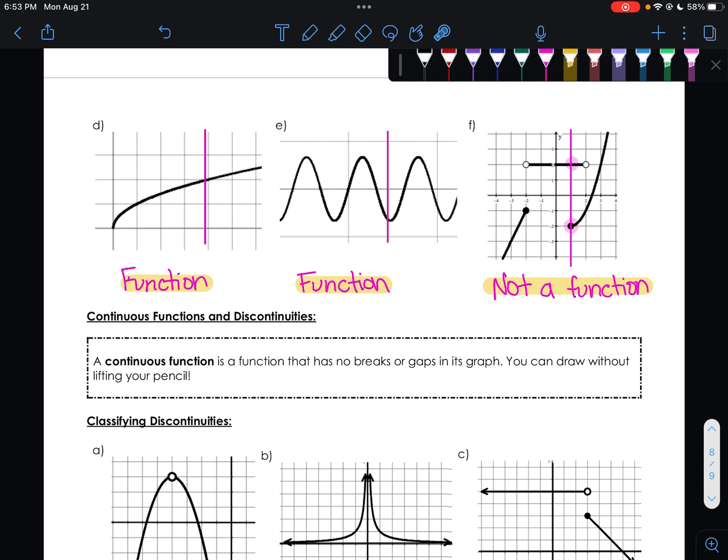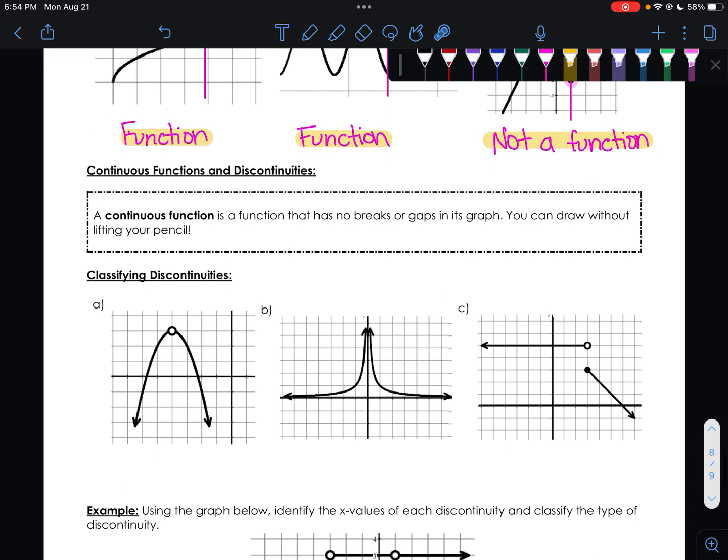But if I tried to graph F, I'd have to stop here, pick up my pencil and move, and then stop here and move as well. So D and E would be continuous functions because I can draw them without ever lifting my pencil. F is not because I have to jump to different parts of the graph.